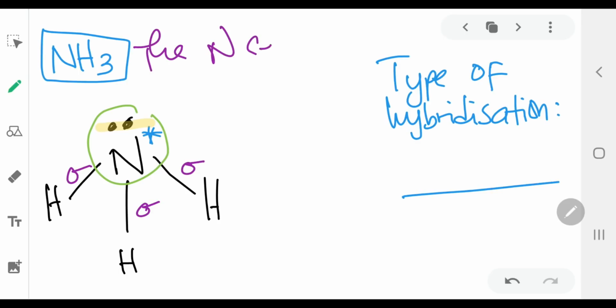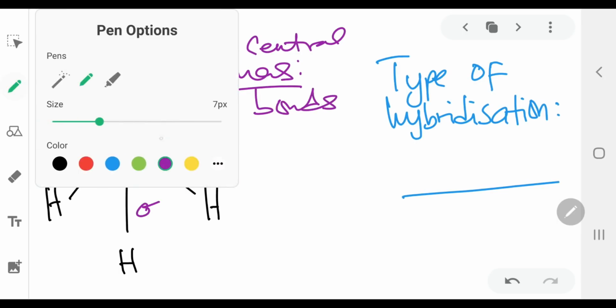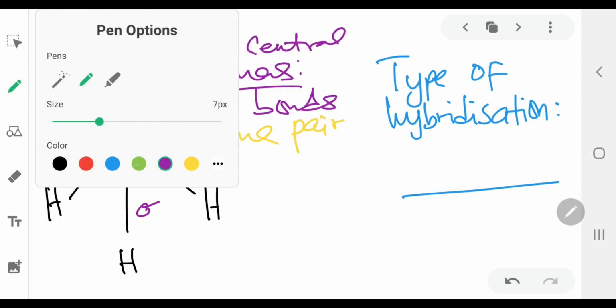The nitrogen central atom has 3 sigma bonds and 1 lone pair.